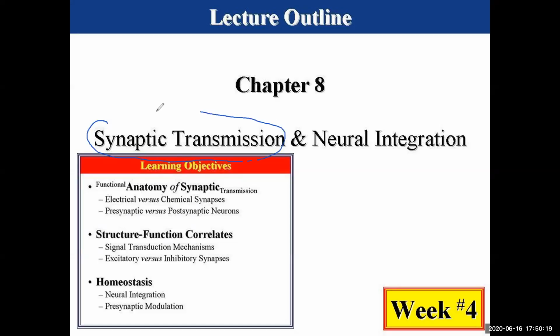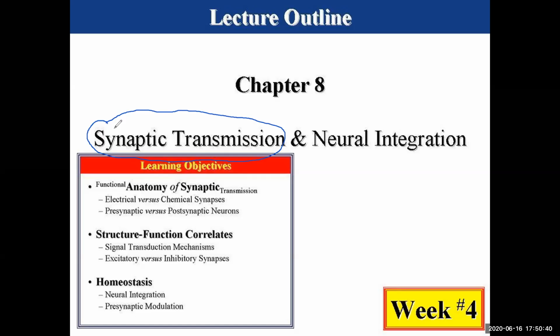So when we say synaptic transmission, we are talking about communication between at least two neurons, right? So it takes two to tango here. In order to have a synapse, you need to have at least two neurons, two cells, two nerve cells, right?